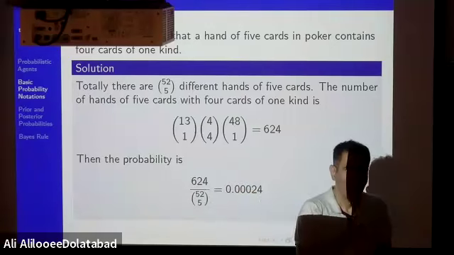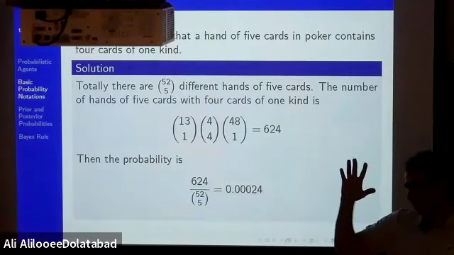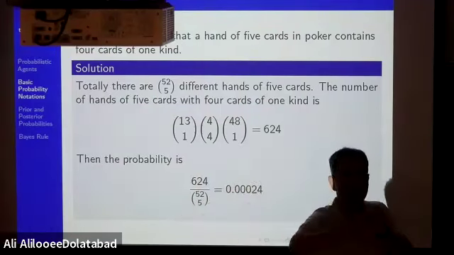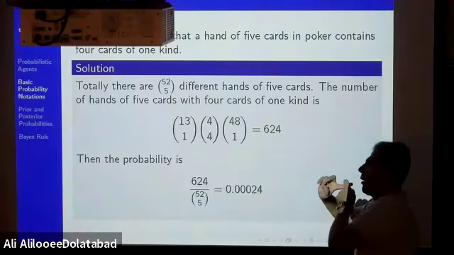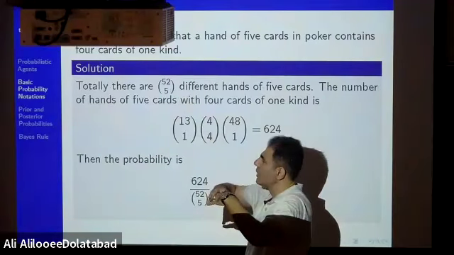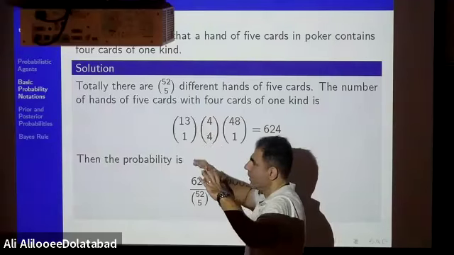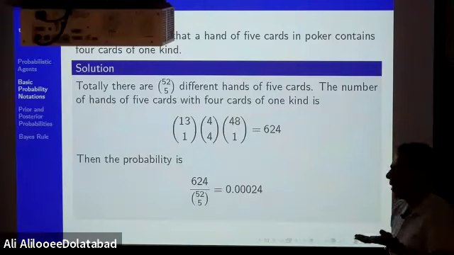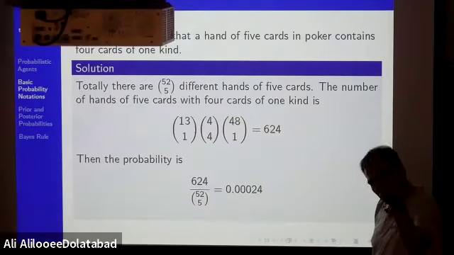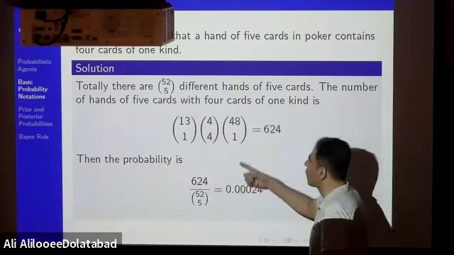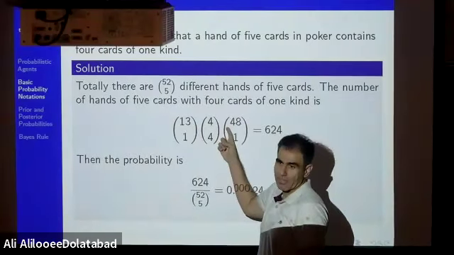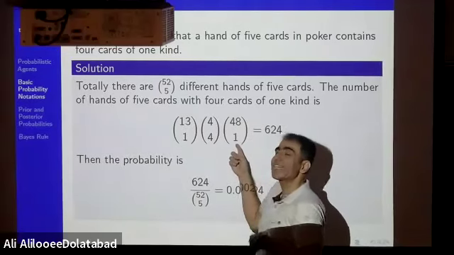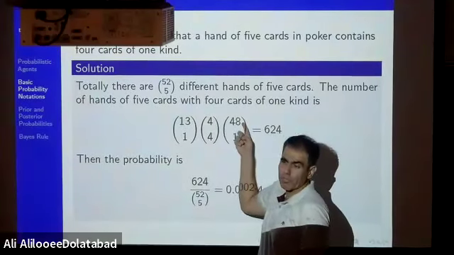So, you want to pick 5 cards. 4 cards should be of one kind. Say, for example, 4 cards of one kind are chosen. Then what do we want to do? Then the remaining is 52 minus 4, which is 48. That remaining card will be chosen out of this 48.